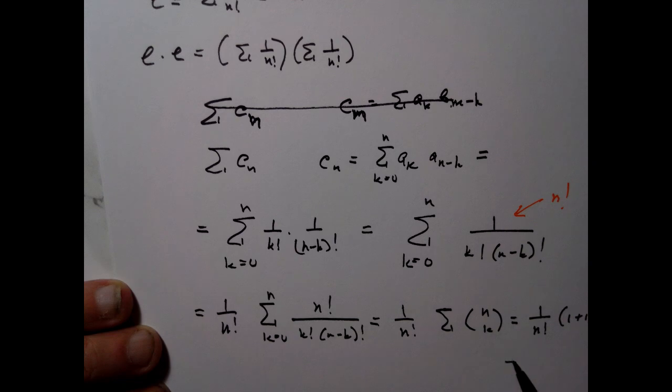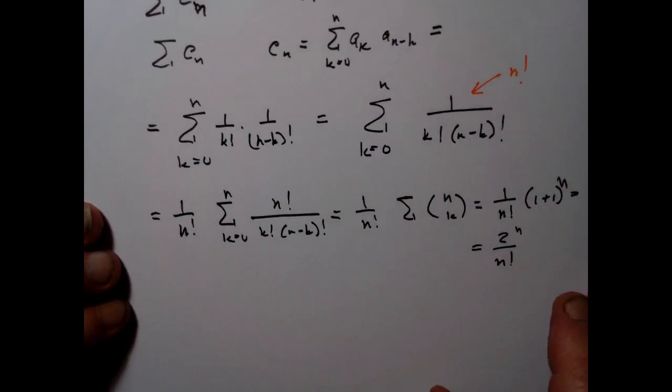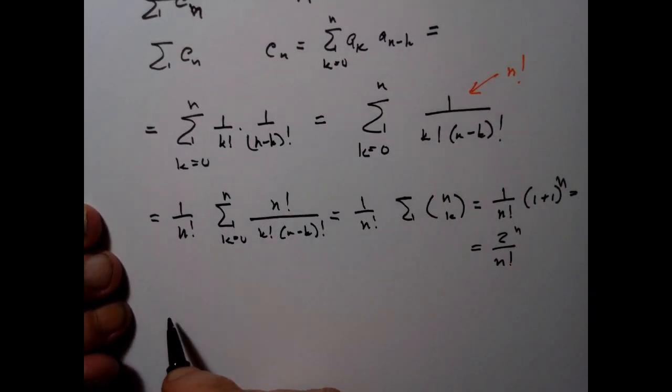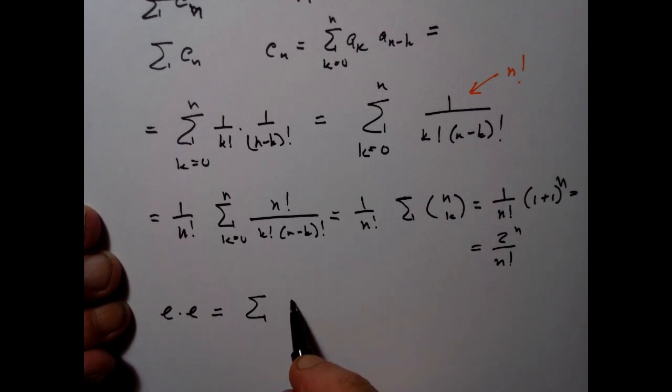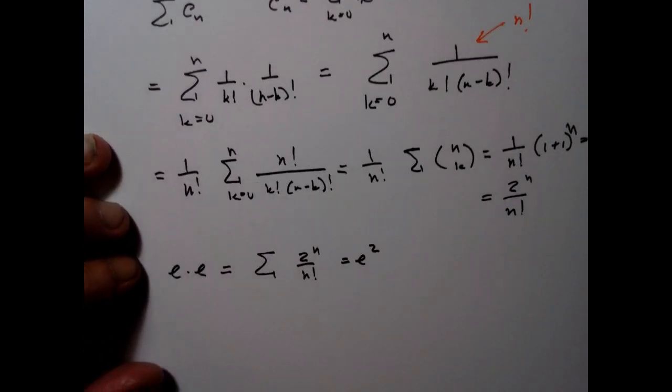So this is equal to 2 to the power n divided by n factorial. And the conclusion here is that if I take my number e and multiply it by e using multiplication of series, the result will be the sum of these terms, 2 to the n divided by n factorial, and this is a power series for e squared.